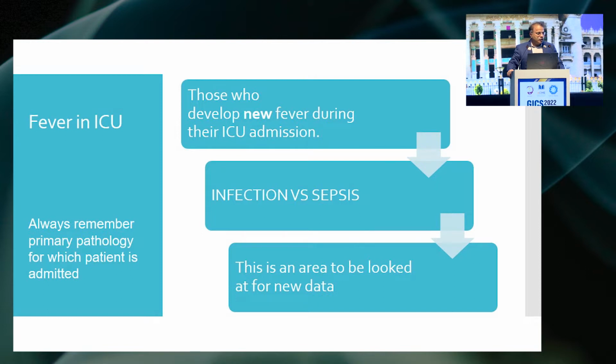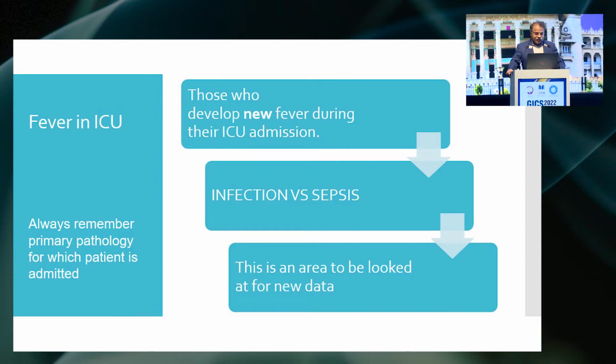Most of us have our own way to find and diagnose fever in ICU. Whenever you have a patient, particularly one who has been in ICU for more than 48 hours and develops fever, always remember the primary pathology, why the patient has come to us.